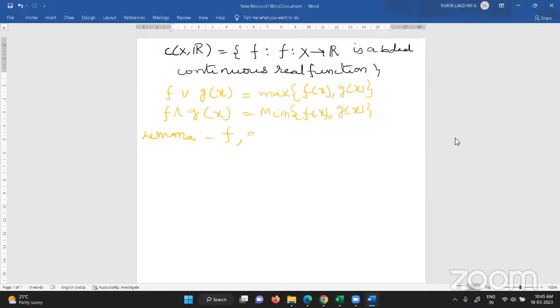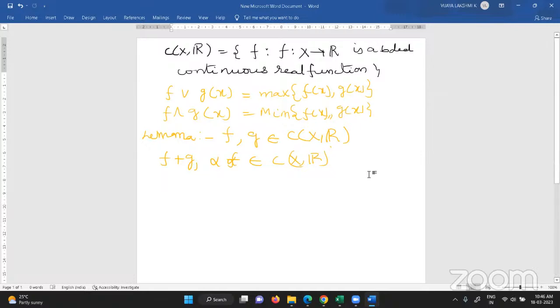For f comma g belongs to C(X,R), that means the set of all continuous functions on the real field. C(X,C) means the set of all continuous functions on the complex field. We have f plus g, alpha f belongs to C(X,R). Our aim in this entire unit is to prove that this will form a linear space.